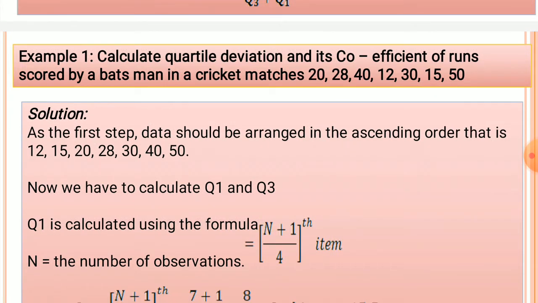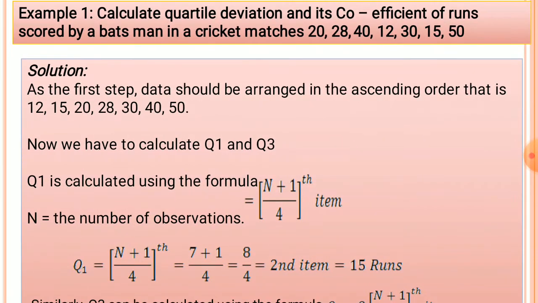As the first step, the data should be arranged in ascending order, from lowest to highest: 12, 15, 20, 28, 30, 40 and 50.